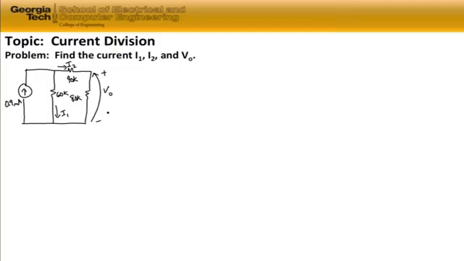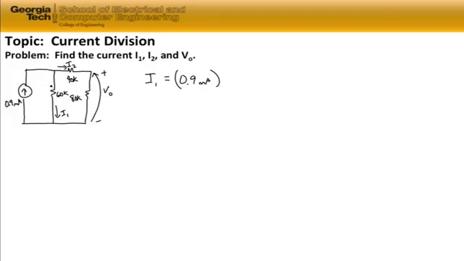So here we go. First thing we want to do is find I1. I1 is going to be equal to the current source, which is 0.9 milliamps. And that 0.9 milliamps is split between the route through the 60 kilo ohm resistor and the 40 kilo ohm resistor.